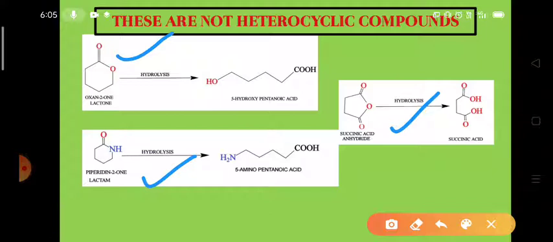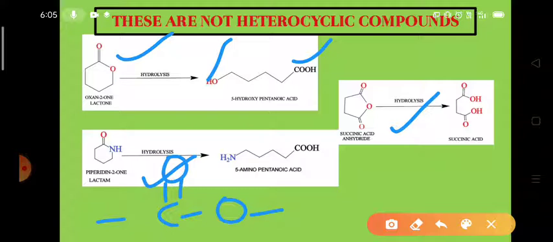Lactones are nothing but cyclic esters. Here in lactones we have the C=O linkage, and we know very well that when esters are hydrolyzed they change into alcohol and carboxylic acid groups.